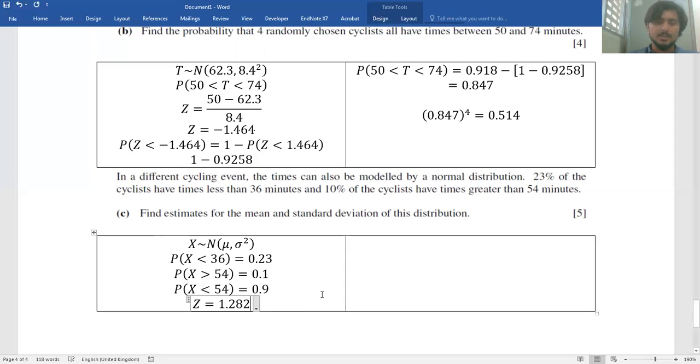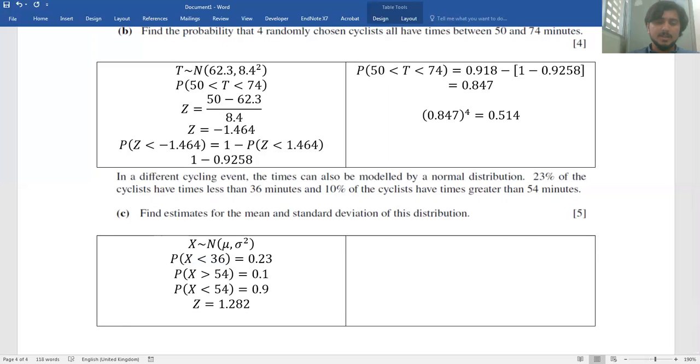Okay, now the next z value is when the probability is less than 36. The probability of this being less than 36 can also be found through the standard normal table or MF19.